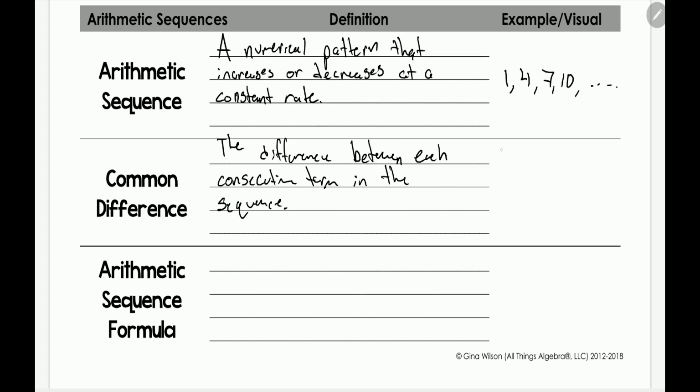So in other words, if we have 1, 4, 7, 10, and so on, if we take the difference of any two terms, so let's say 4 and 1, the difference would be 3. So if we go from 1 to 4, we add 3. If we go from 4 to 7, we add 3. If we go from 7 to 10, we add 3. So each time, the difference is 3.